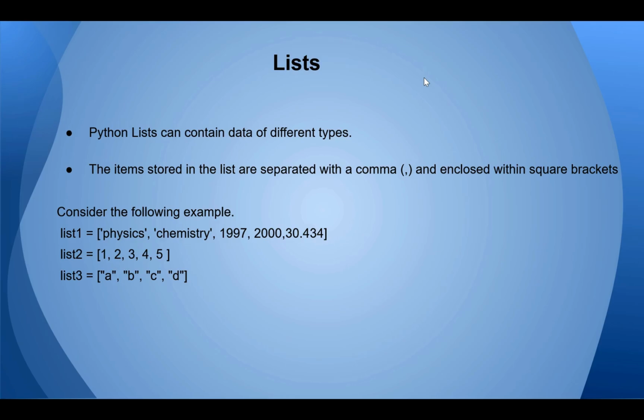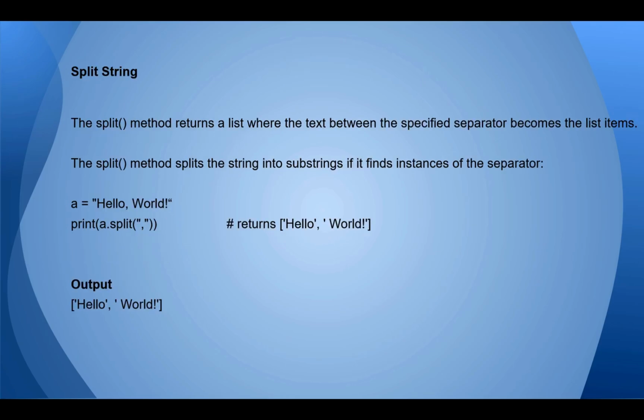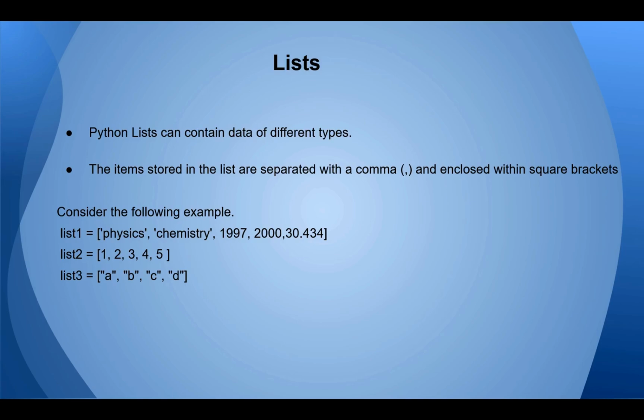Now the next is your list. As I told you earlier, a list is a collection of elements that can be of different data types.